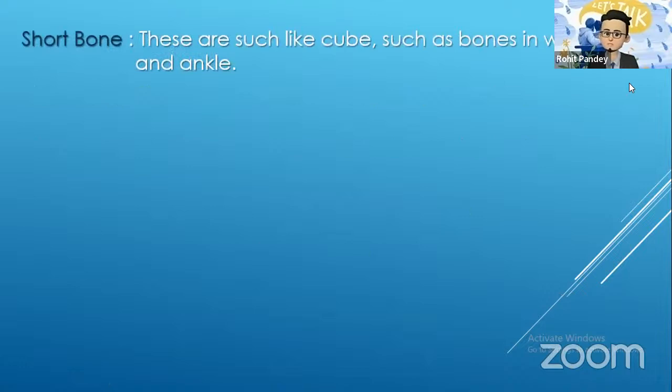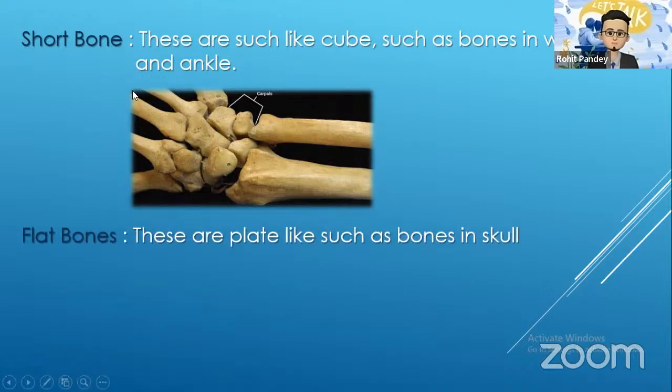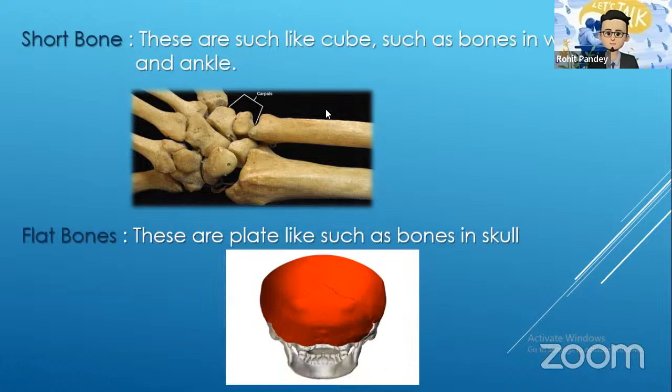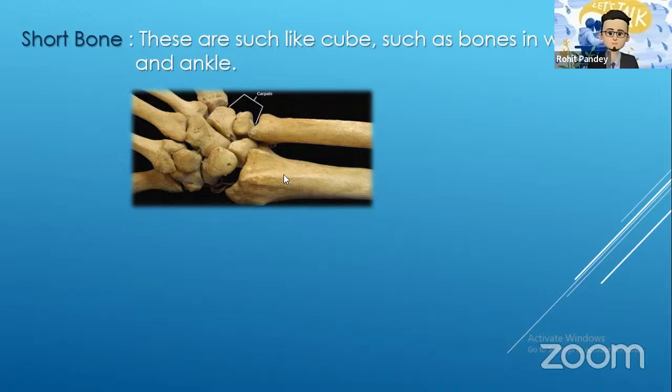Short bones are cube-like, such as the bones in the wrist and ankle. Here you can see these are cube-like in shape, such as the bones in the wrist.